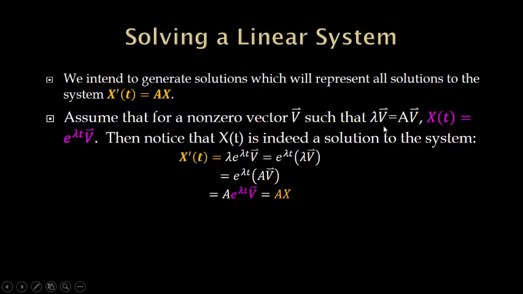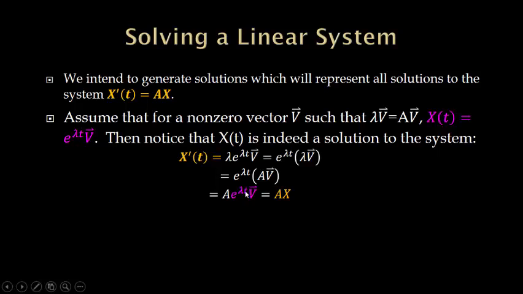Now based on my assumption up here, lambda v is equal to A times v, so I've substituted that back in. Then I have e to the lambda t times v here, which is x, so that I have Ax. What this is saying is I asked you to make some assumptions, and based on those assumptions, you're able to see that they would guarantee a solution to such a differential equation.